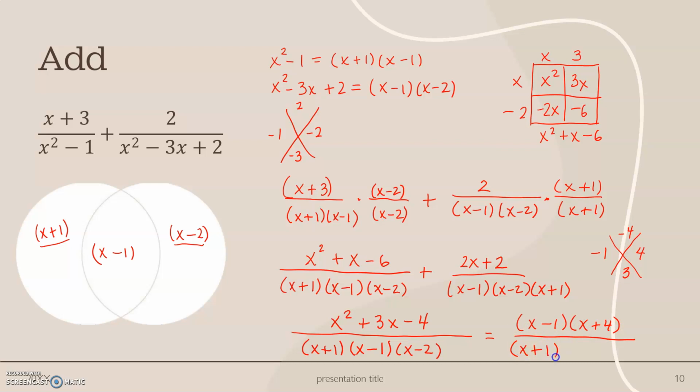And what I notice is that we are going to have a factor that is in both the numerator and the denominator, so that factor will cancel. So our final answer, write it up here because I've run out of space, our final answer is going to be x plus 4 over x plus 1 times x minus 2.